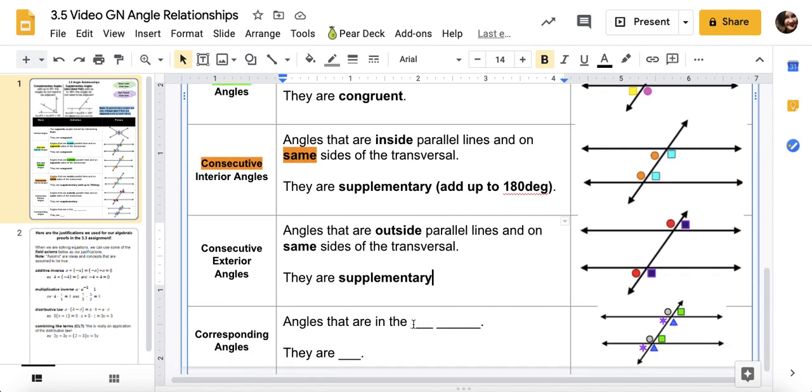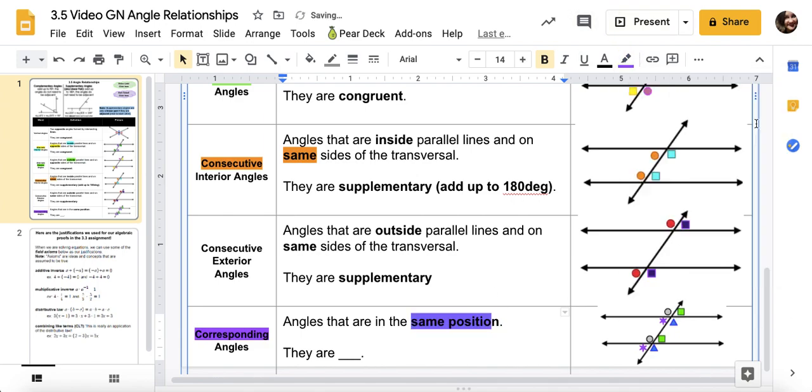Okay, our last type of special angle relationship is going to be our corresponding angles. Corresponding angles are in the same position, and they're going to be congruent.